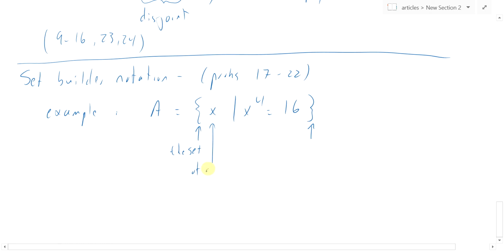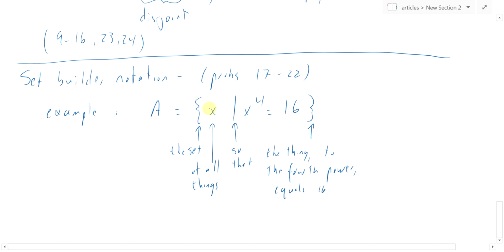X, that's a variable, so of all things, the vertical line is usually read "so that." So the set of all things so that x to the fourth power equals 16.